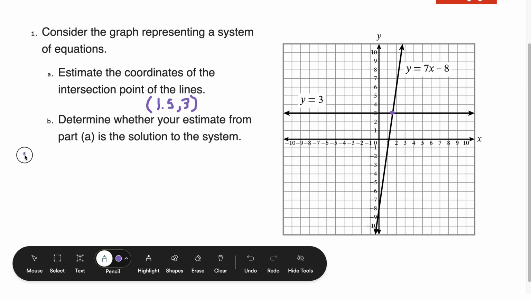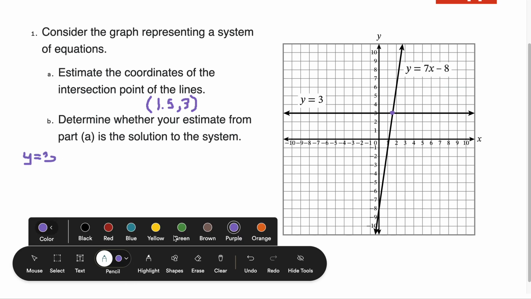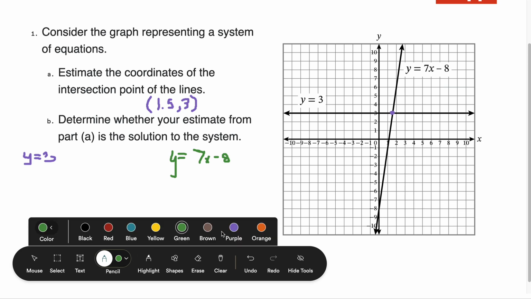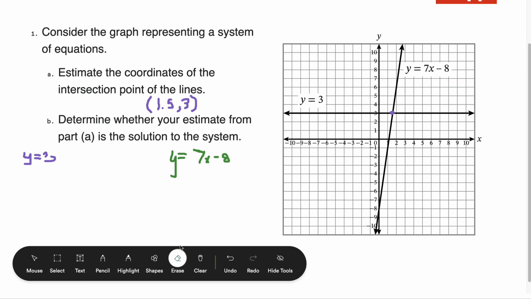So our two equations are y equals 3 and our second equation is y equals 7x minus 8. Oh, that's a 7. This is a 3 over here. Ugly 3, but it's a 3. Let me actually fix that.